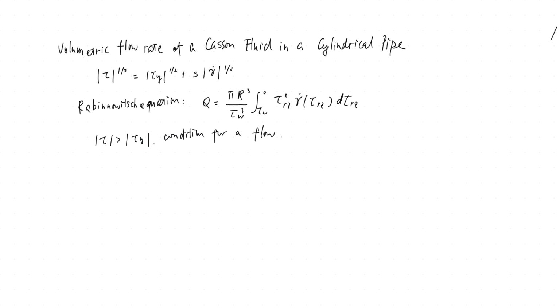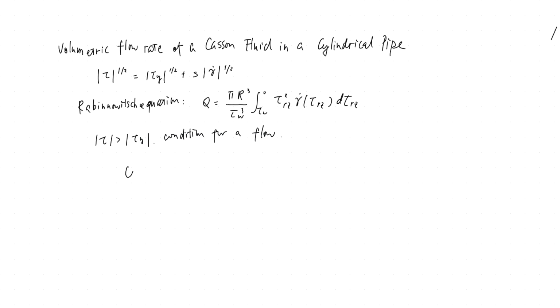So that means when we use the Rabinowitsch equation, we cannot integrate from tau w to 0. Instead, we need to integrate from tau w to tau y, because that's the stress range that is valid for any non-zero fluid velocity.